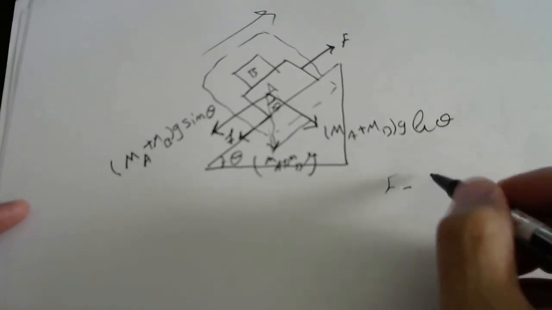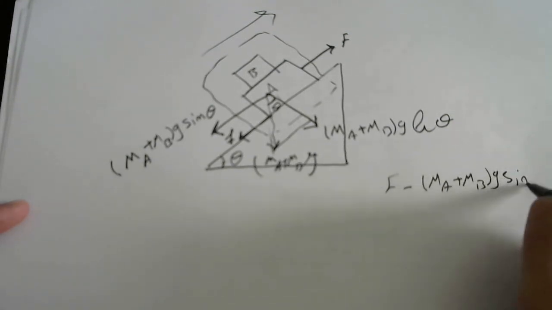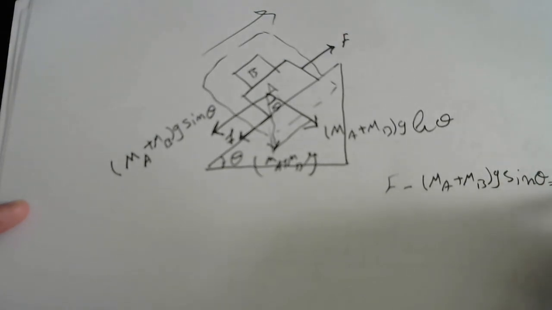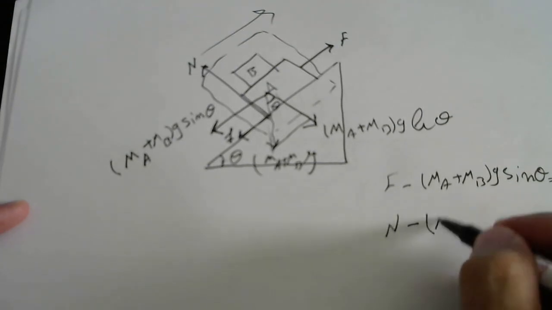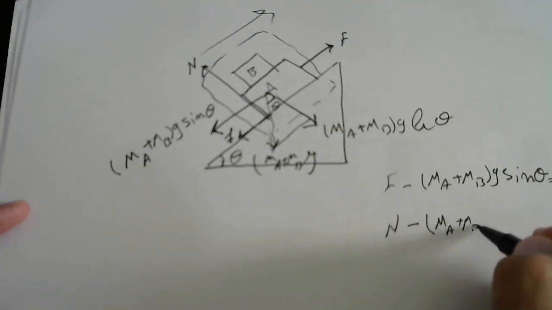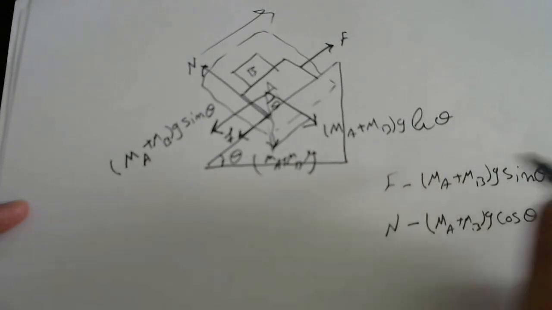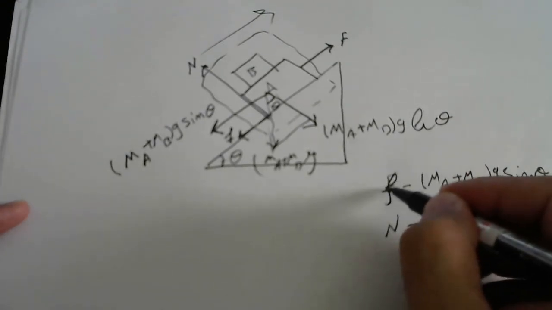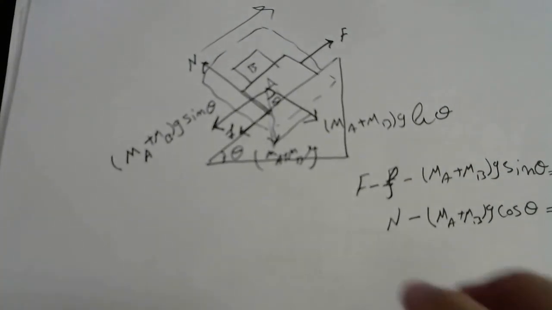So F minus (MA plus MB) g sine theta is equal to (MA plus MB) times a, and then N, which I didn't draw, minus (MA plus MB) g cosine theta equals 0. Here I have to include the frictional force as well.